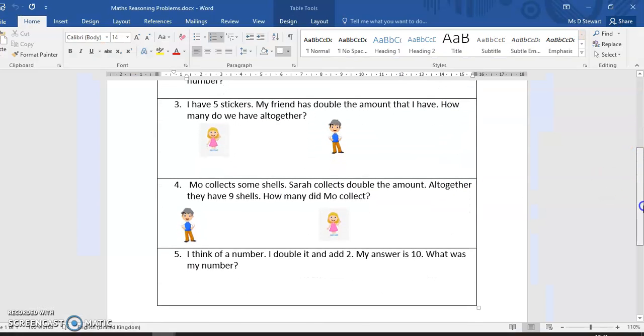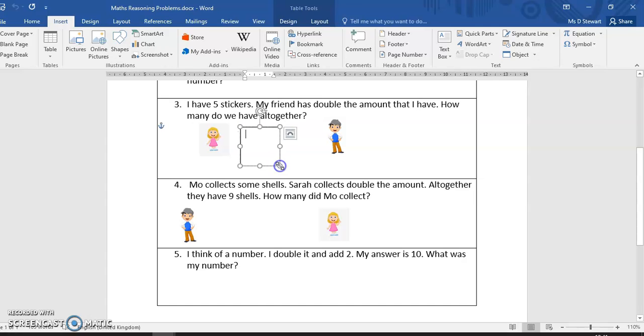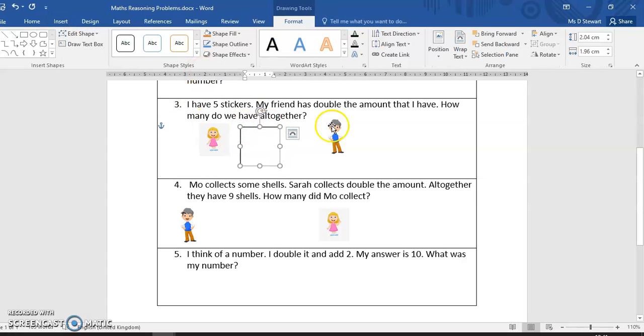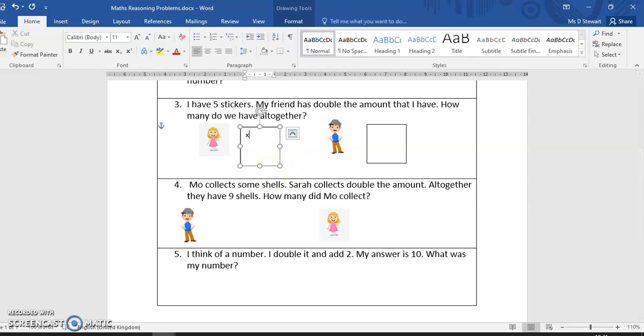Right, now these ones, I'd recommend drawing some of the stickers. I'm going to put some little symbols in here that are going to represent the stickers. I'm going to put a little box next to each one. Both these people have stickers. I have 5 stickers, but my friend has double the amount. I'm going to use an X to be stickers. If I've got 1, my friend has 2.